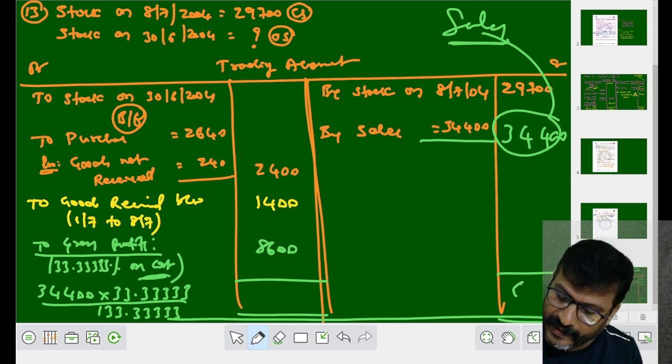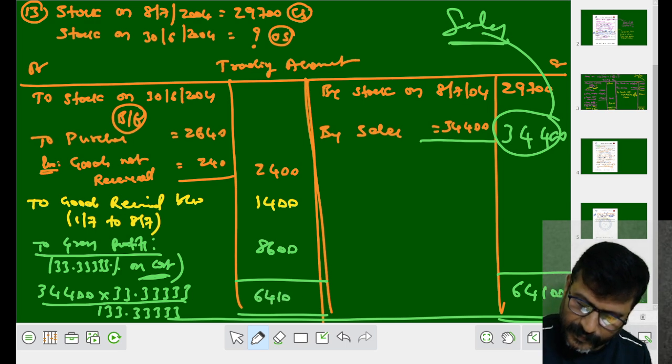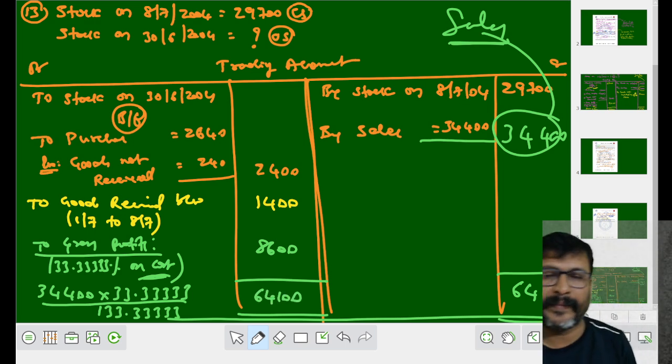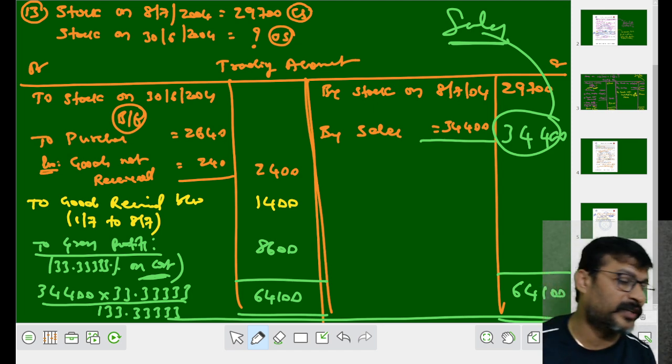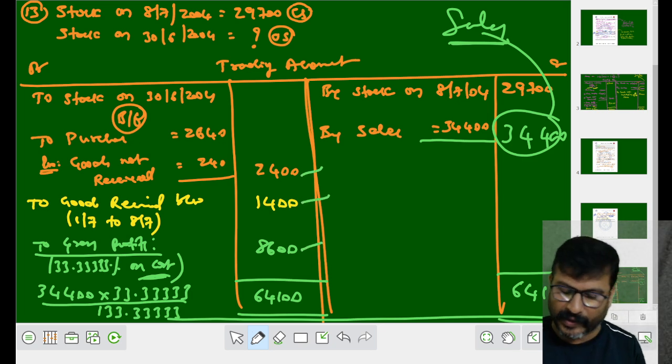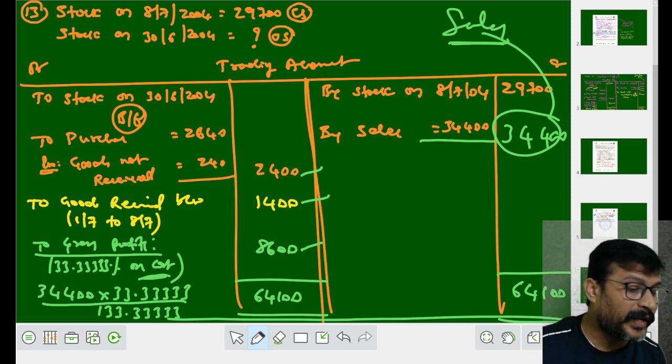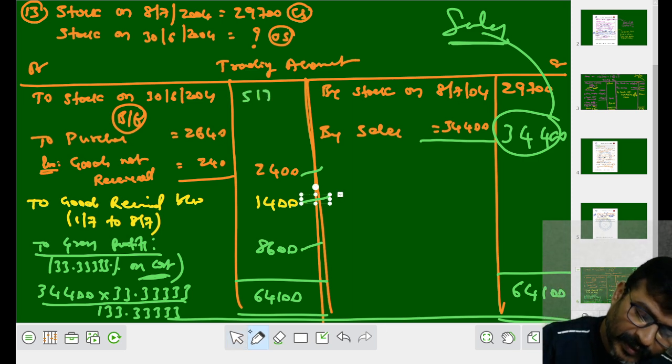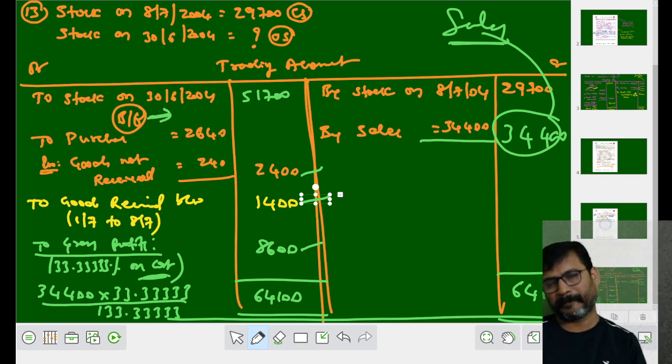Total of the credit side is 64,100. How much is less on the debit side? That is called stock on 30th June 2004. Out of 64,100, subtract 2,400, subtract 1,400, 8,600. You are getting an amount of rupees 51,700. That is the amount of stock as a balancing figure. This is what we have calculated.